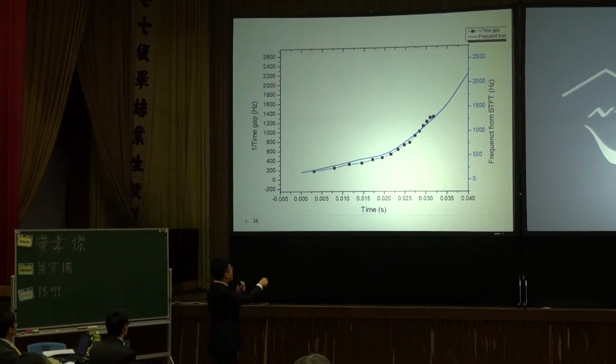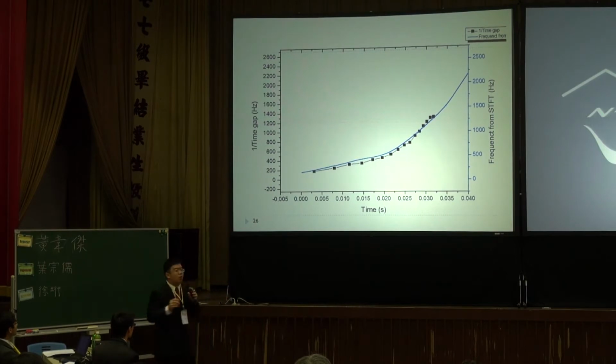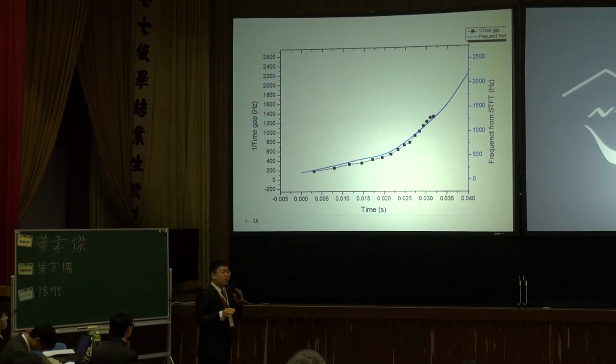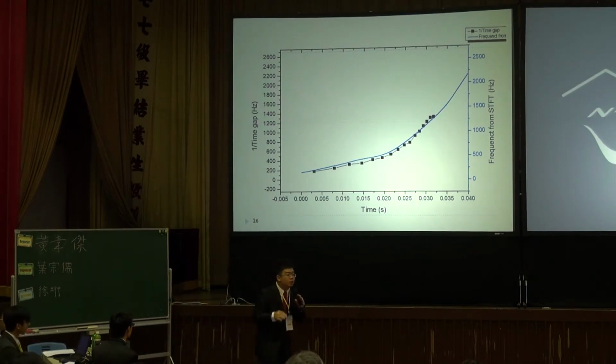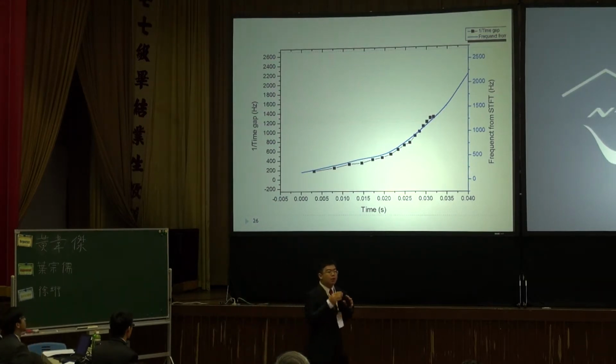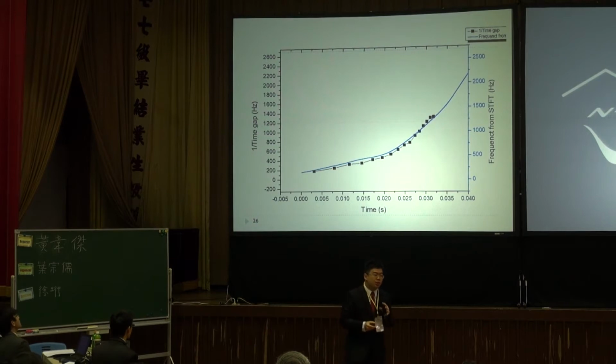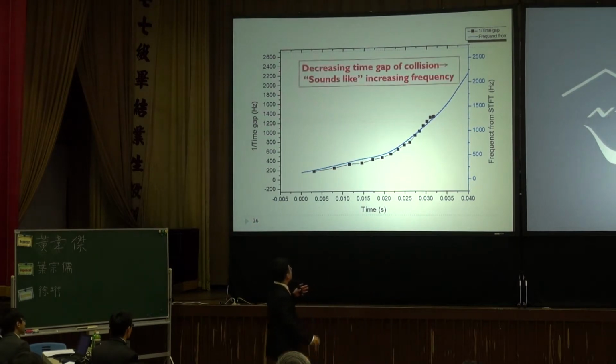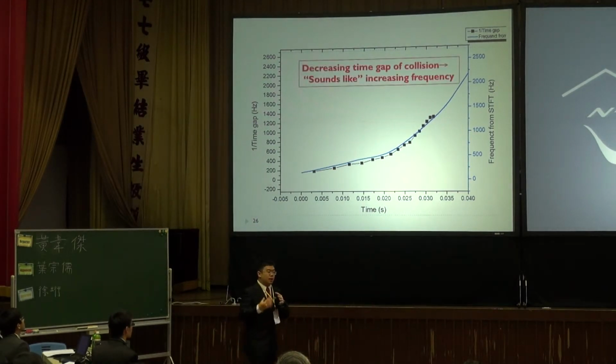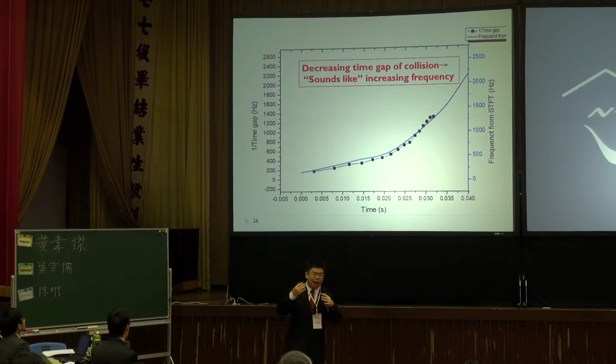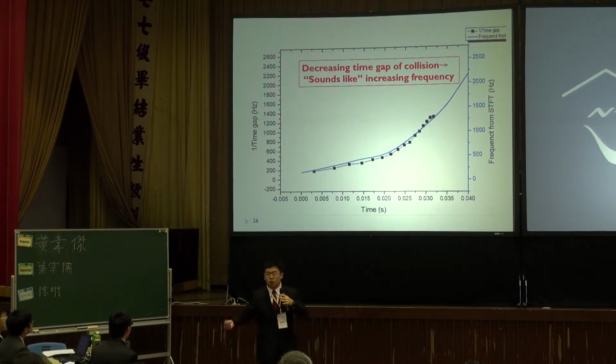You can see that the blue line is the white line we saw in the short time Fourier transform. These two graphs correspond really well, which means we believe the increasing frequency inside the chirping sound is contributed by the multi-collision and the decreasing time gap throughout this process. So it sounds like an increasing frequency, which we at last recognize as a chirping sound.